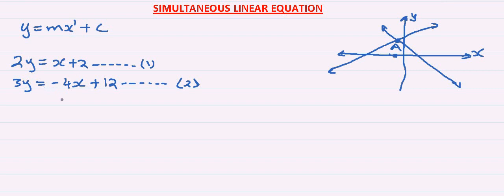Then what do you do? You write, from equation number 1, because we are going to create equation 3 from equation 1. Meaning you are going to take the constant to the right hand side so that x becomes the subject of the formula.